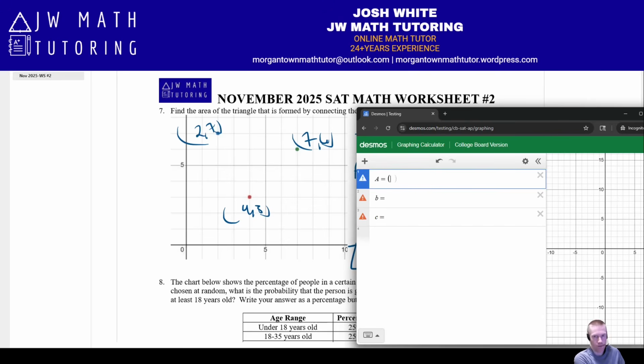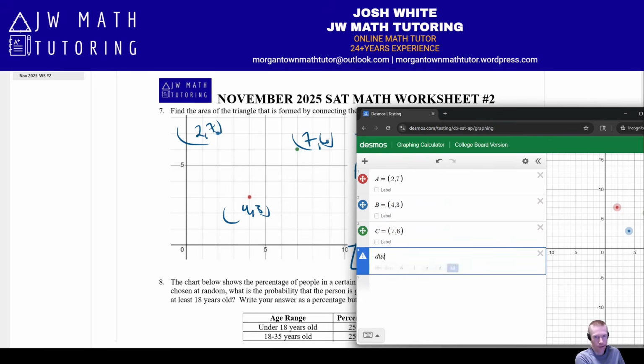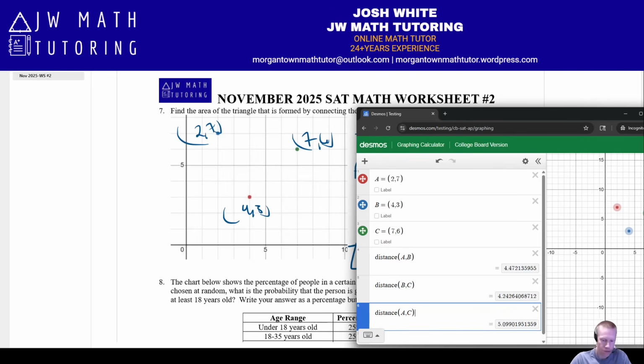Sorry, I want to define the points first. That way it'll be a lot less typing. So the distance between A and B, the distance between B and C, and lastly the distance between A and C. Okay, so those are my three distances.